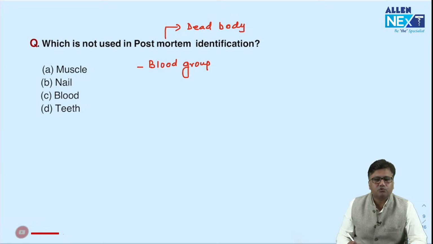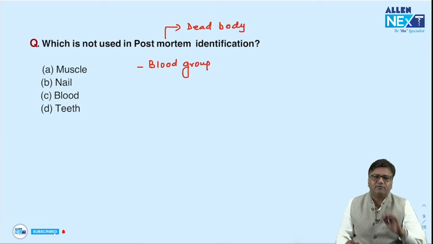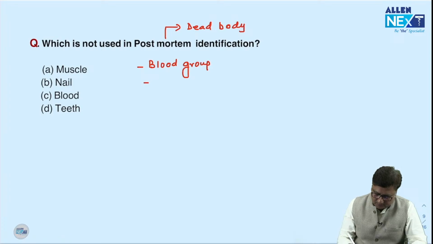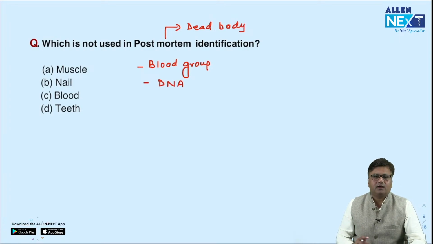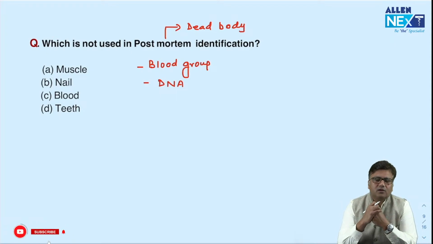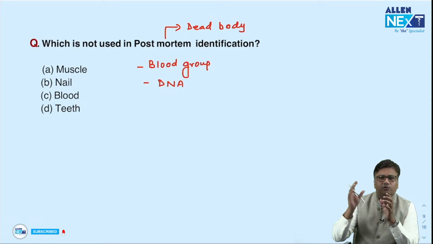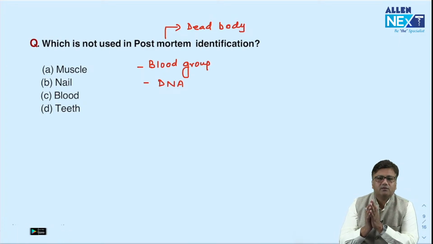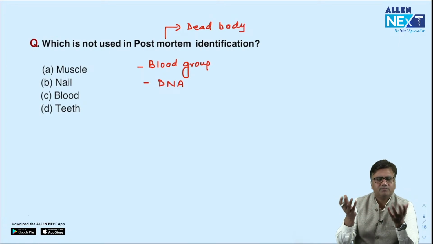So blood becomes a source of identifying a person. Second is DNA. DNA can identify a person, or at least can create a nuclear DNA profiling of a person, which can be used for identifying. It's one and the same thing. Okay.